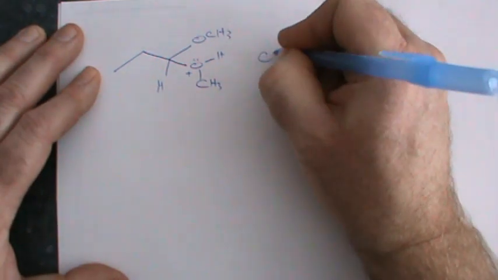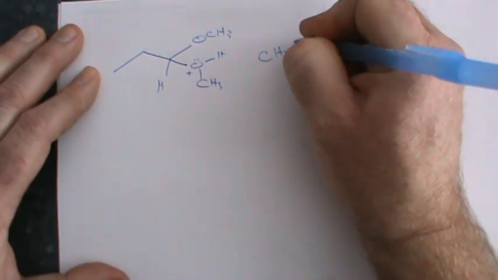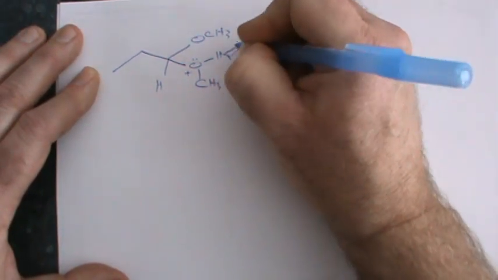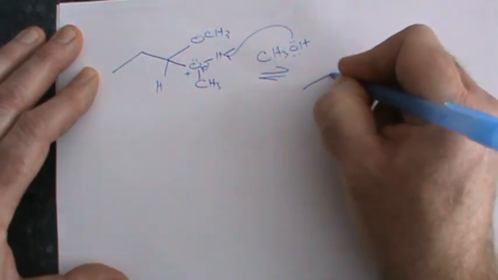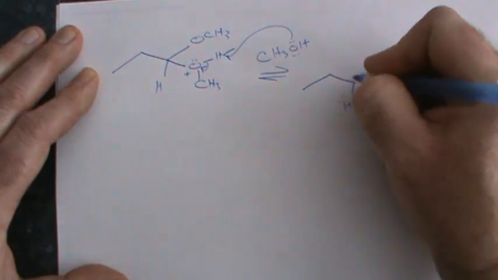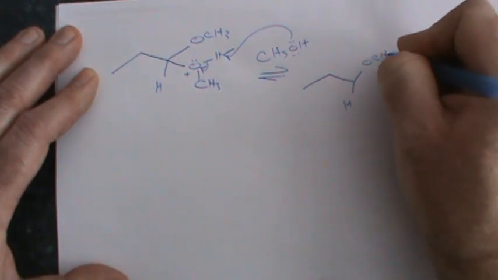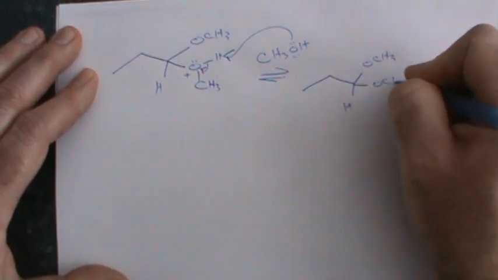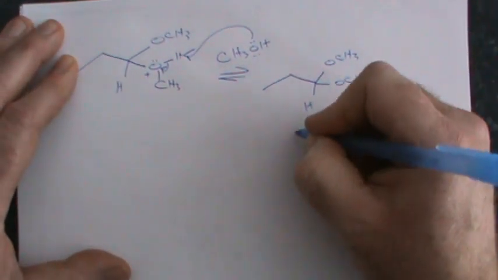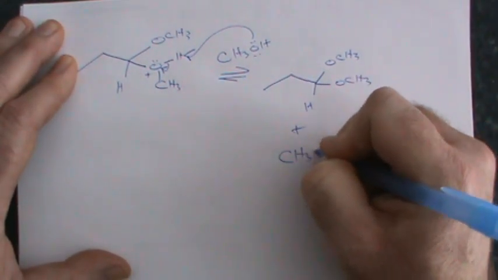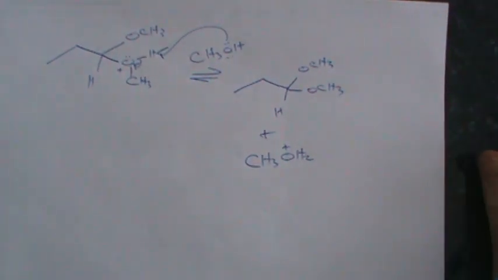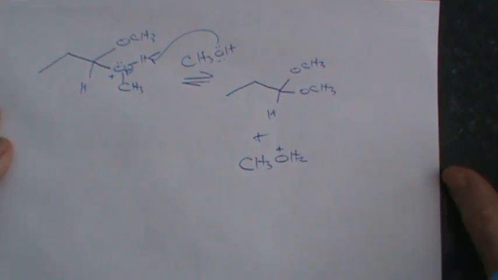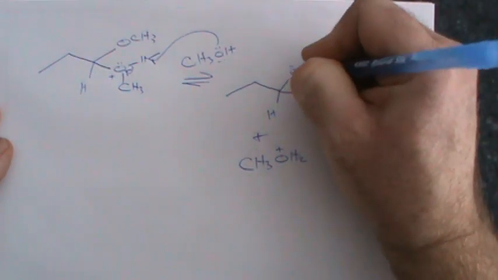And once again, another molecule of methanol, I'm using it in excess, so there's plenty of it, is going to come along, and this time it's going to give me my final product, which is my acetal. I also regenerate another acid. So every time I use an acid, I regenerate one in a subsequent step, hence the catalytic nature of this reaction. So there it is. There's my acetal.